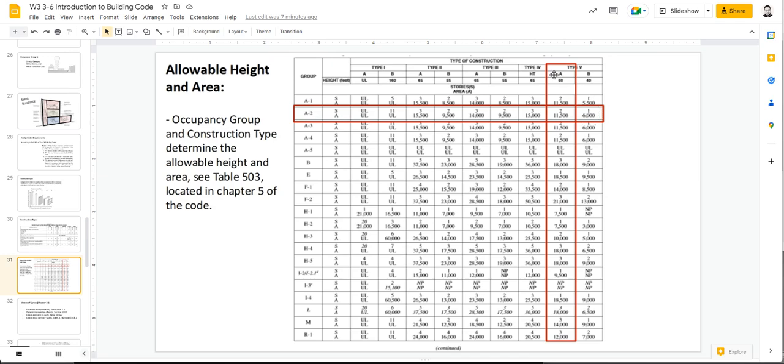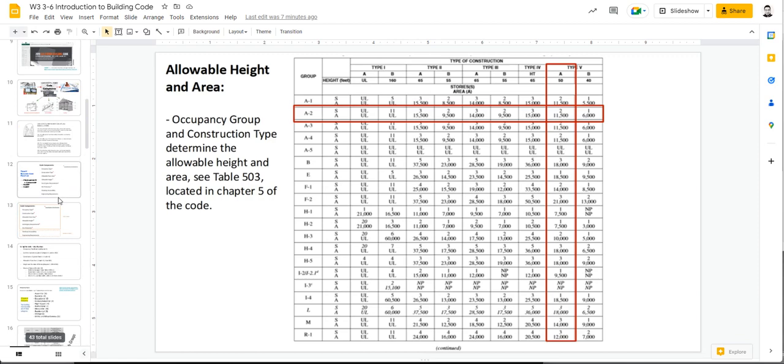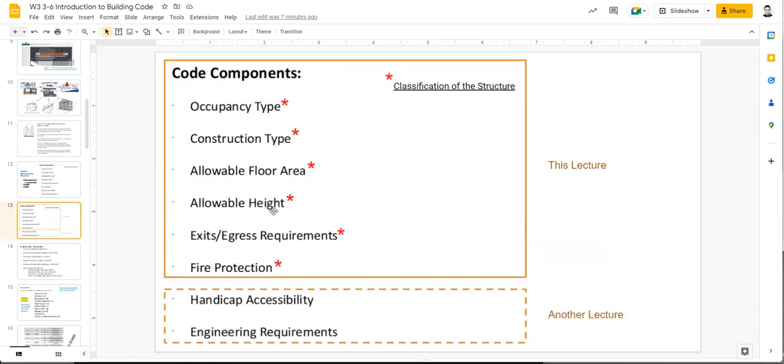But if you're going to cover your wood framing with chipboard, that's type 5A, then you can go as many as two floors and as big as 11,500. So that's what we discussed under allowable floor areas. We talked about height also. These are the two things that we discussed on that table.